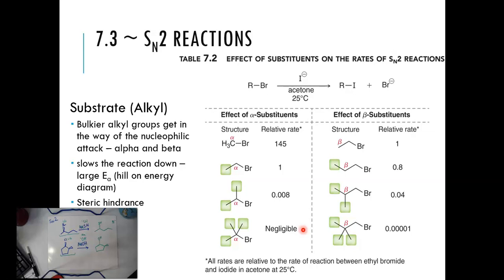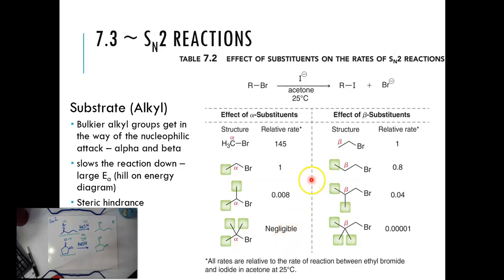The reason we have such a difference in speed is because our nucleophile is going to attack our carbon while our leaving group is still attached. If there are other things in the way of that backside attack, it's going to make the reaction either very slow or not even happen.